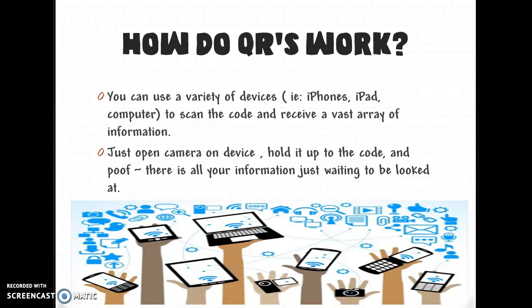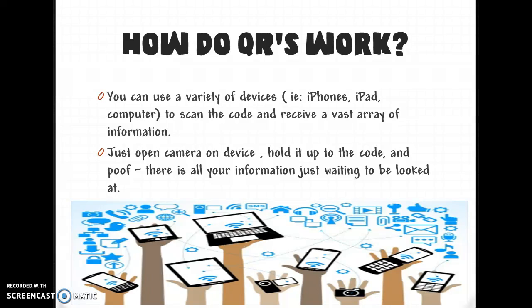How do QRs work? You can use a variety of devices, such as your iPhone, iPad, laptop, MacBook, desktop, iPod, and the list goes on, to scan the code and receive a vast array of information.